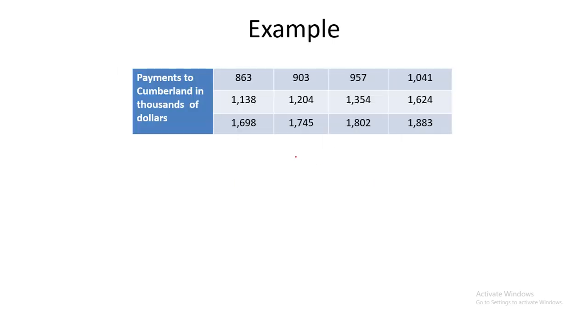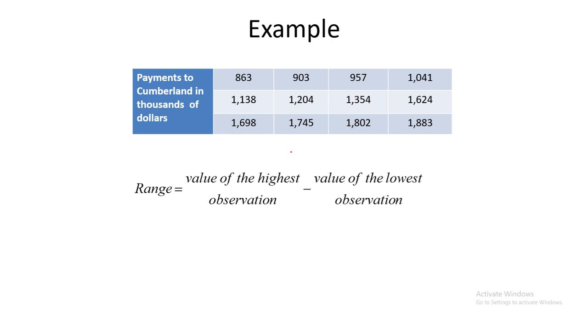So if we have this data, then what is the value of the highest observation? 1883, because this data is arranged, the very last value is the highest one, very first value is the smallest one. So if you just take the whole range, that's why we call it the range, right? Because it gives you from the lowest to the highest value of the data. So you can say that the 1020 is the difference between highest and lowest value. This is the range of the total data.